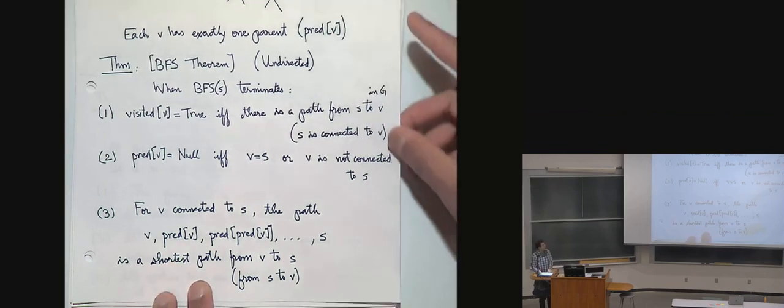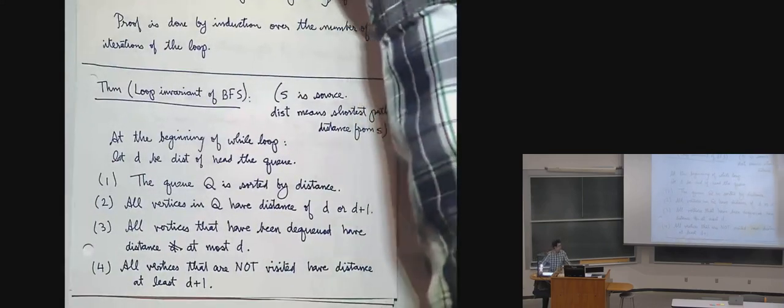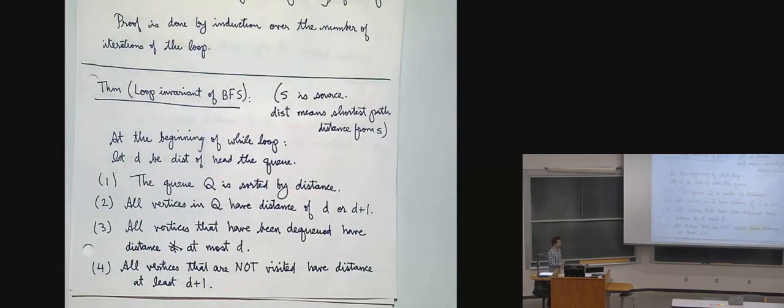Now, the main tool that you need in proving that is actually this more complicated statement called the loop invariant. The loop invariant says certain things about what the queue looks like and what vertices that have been dequeued and not visited look like. The proof of this is more complicated and will be your second homework.